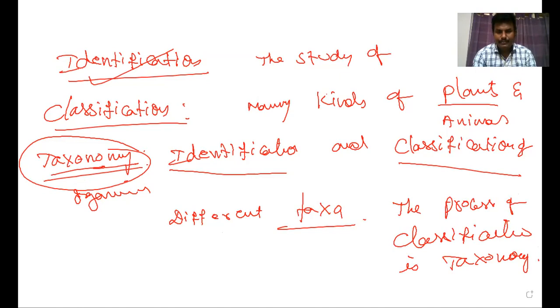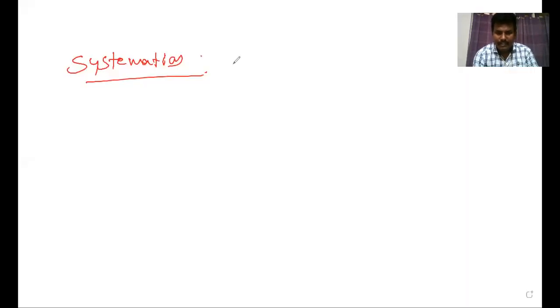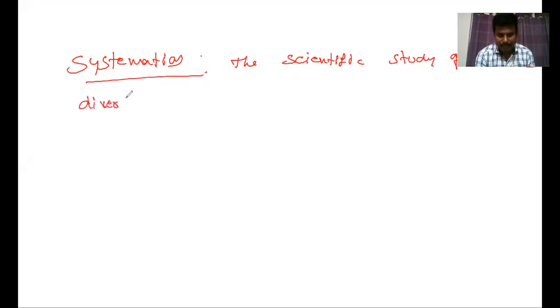Next topic is systematics. Systematics means a body of techniques for investigating different kinds of organisms. It is the scientific study of the kinds. Scientific study means systematically studying the different kinds of living organisms and their diversity.